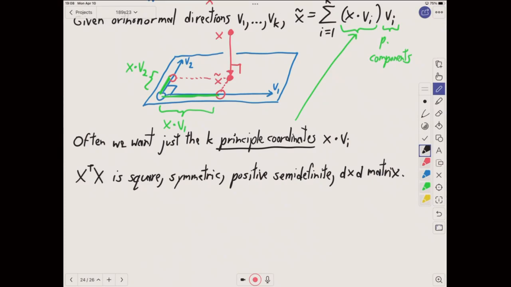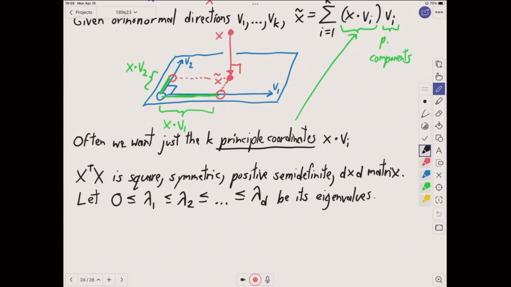No complex eigenvalues. So let's write the eigenvalues in sorted order. I'm going to use the convention of using the smallest index for the smallest eigenvalue. So lambda 1 is the smallest, and lambda d is the largest eigenvalue of X transpose X. As it's a positive semi-definite matrix, there are no negative eigenvalues here.